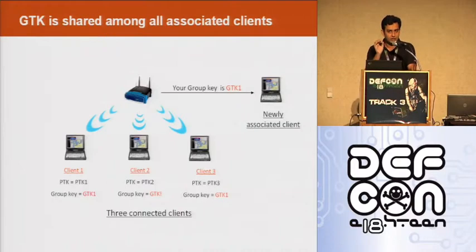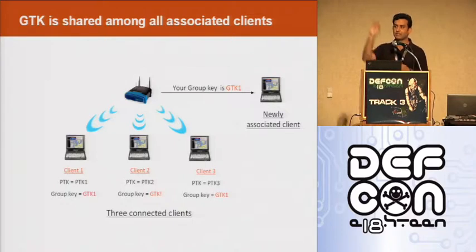Now, I said GTK is used to protect broadcast or multicast traffic. In a Wi-Fi network, if you have noticed, all broadcast traffic is basically sent by the access point, because the access point can talk to each and every client. This traffic is never sent by a client device, because whenever a client has to talk to another Wi-Fi client device, it first sends packets to the access point.